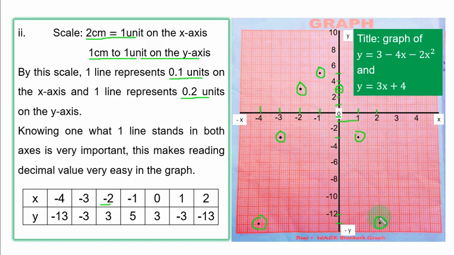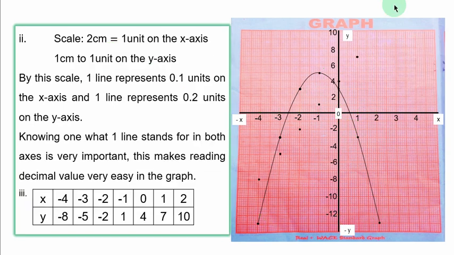Now that you've plotted all the points, next thing is to join them together. Don't forget, the title of the graph is the equation or equations that you are plotting. So all the points have been joined together.